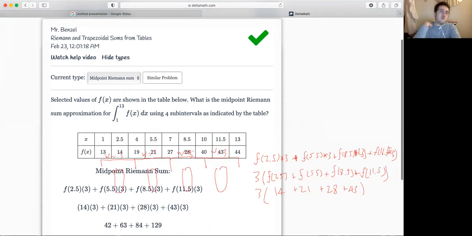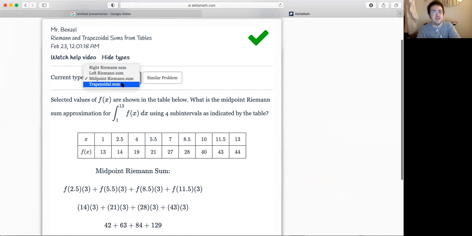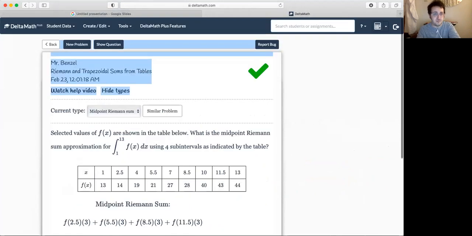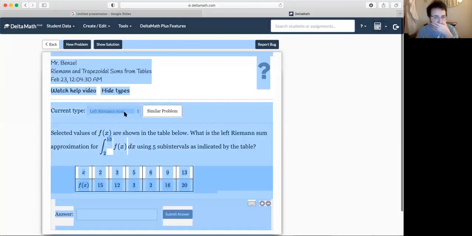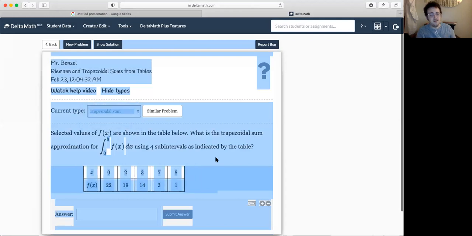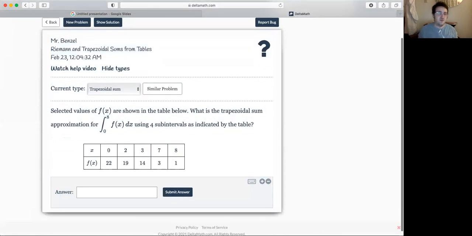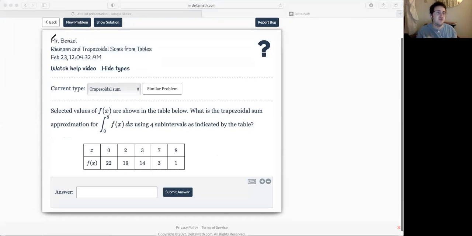All right, the last one that we will do is the trapezoid example. So we need to use 4 subintervals. And I like to do trapezoids a little differently than some people.